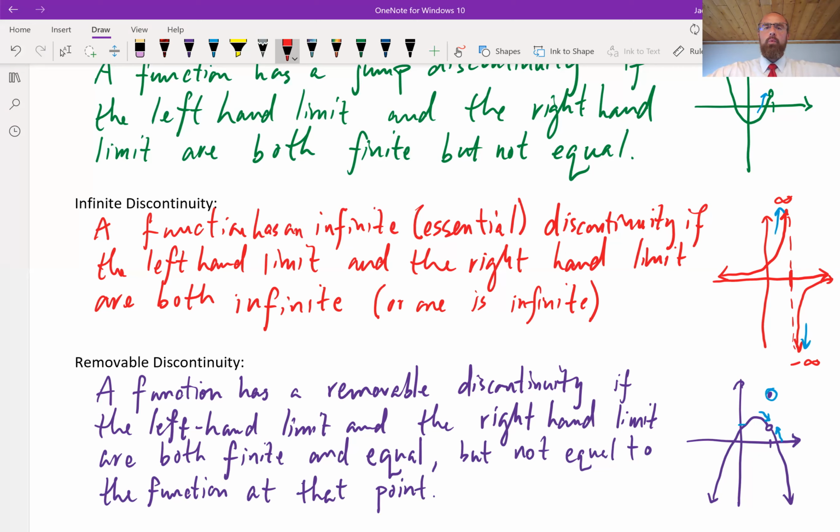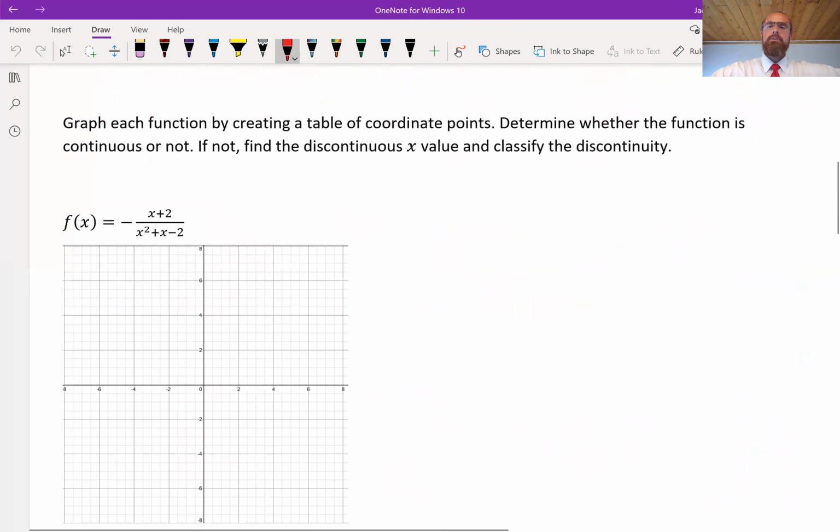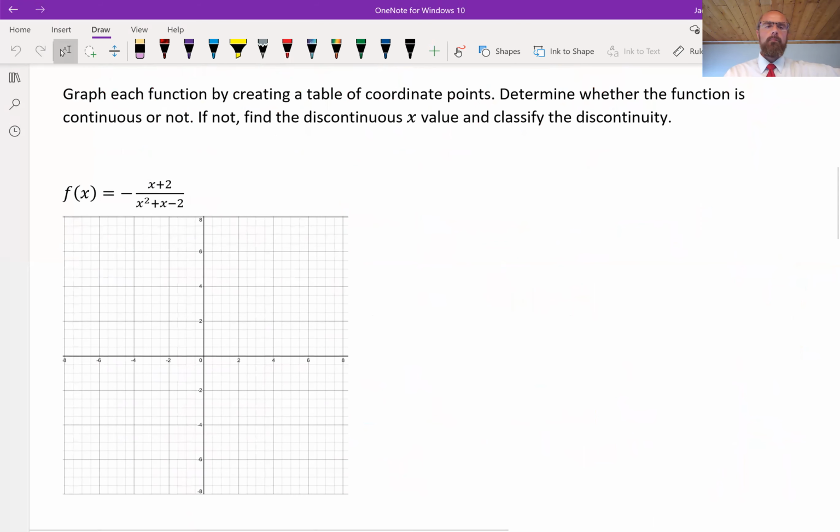Well, let's take a look at one example to begin where we have to determine, is the function continuous? Is it discontinuous? And if it's discontinuous, what kind? So I've got here the function f of x equals negative x plus 2 in my numerator over x squared plus x minus 2 in the denominator.